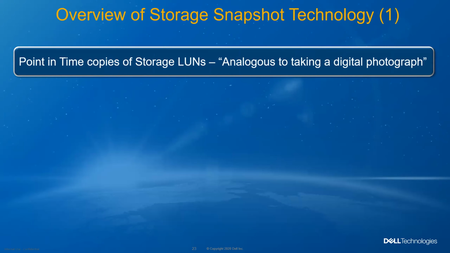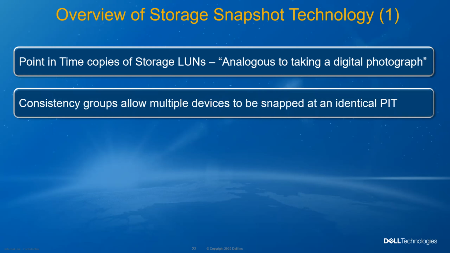And these are analogous to taking a digital photograph of the LUN and its data state at that point in time. You can create what are called consistency groups, which allows you to snap multiple LUNs at the identical point in time. And that's very important for database recovery.